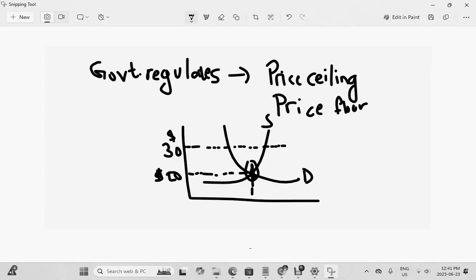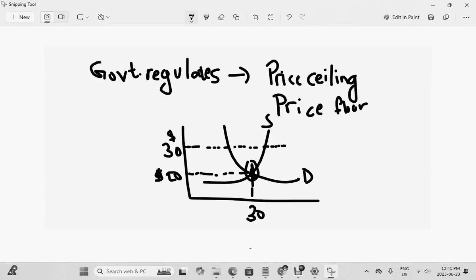At this price, the suppliers are willing to supply 30 units, and the consumers are willing to buy 30 units. So there is an agreement on the price as well as the quantity. The quantity demanded equals quantity supplied, and the prices are the same.